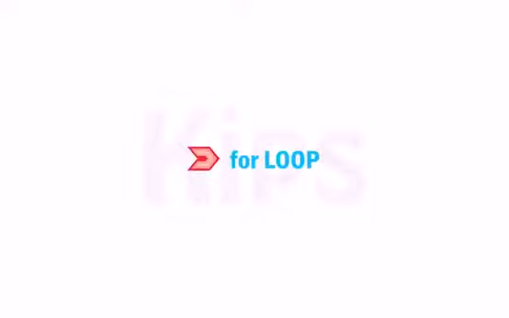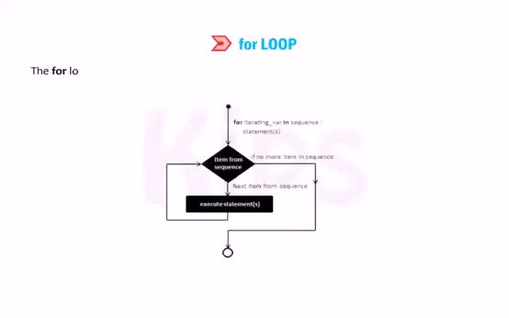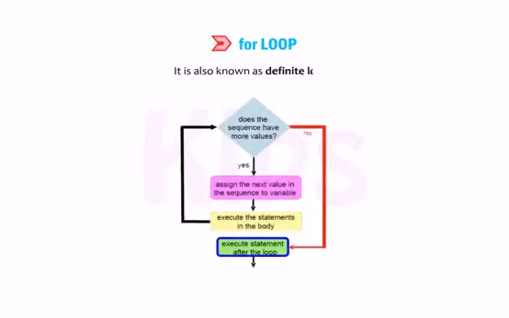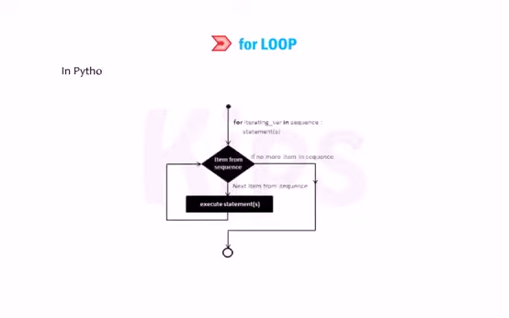Students, now let us understand for loop. The for loop is used when we are sure about how many times a loop body will be executed. It is also known as definite loop. In Python, the working of the for loop is based on various operators and functions.